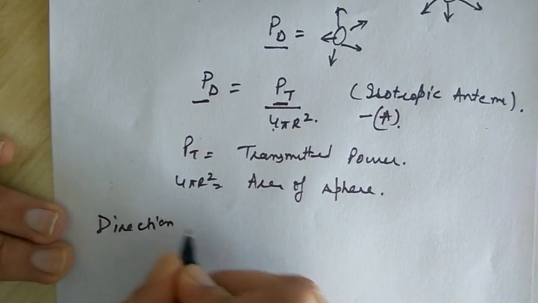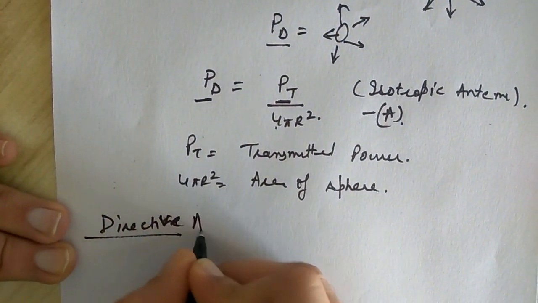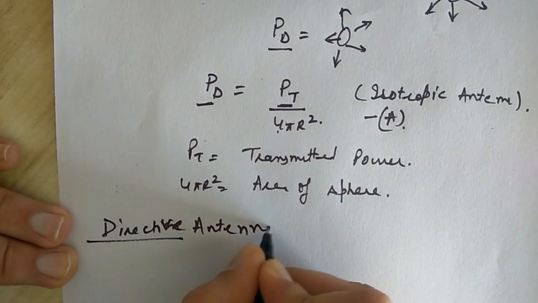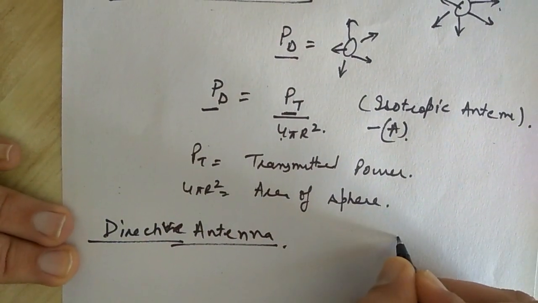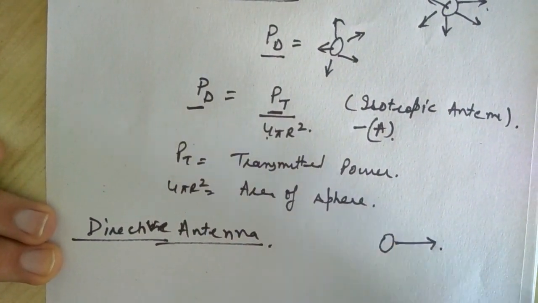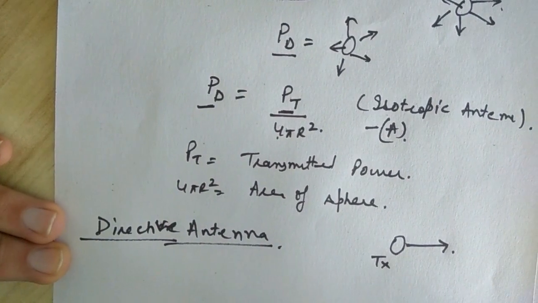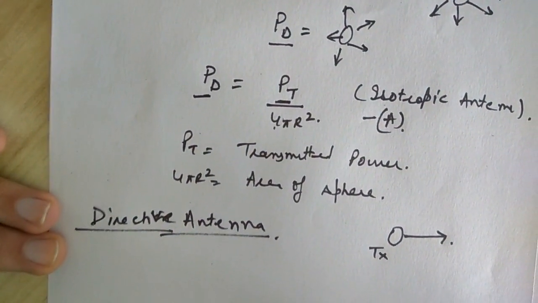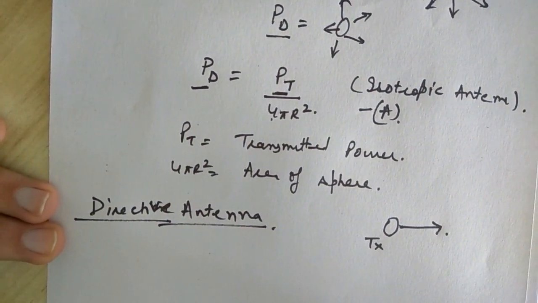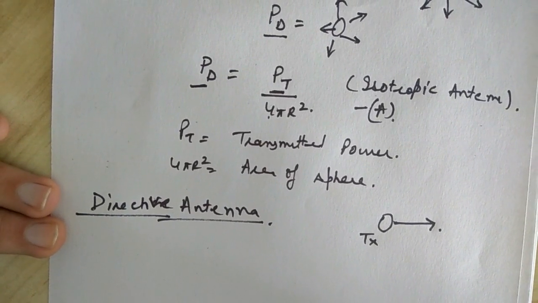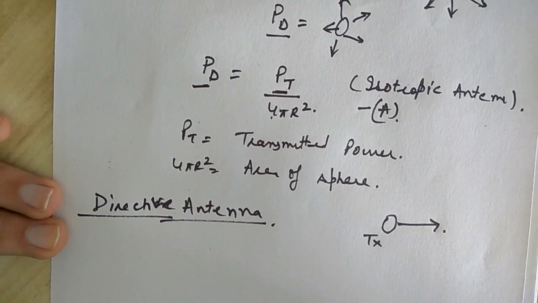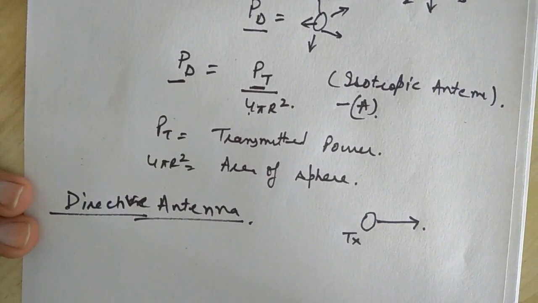If we talk about the directive antenna, it is capable of transmitting the radiations only in one particular direction. That means the signal strength is diverted only in one direction, so those antennas are expressed as directive antennas.